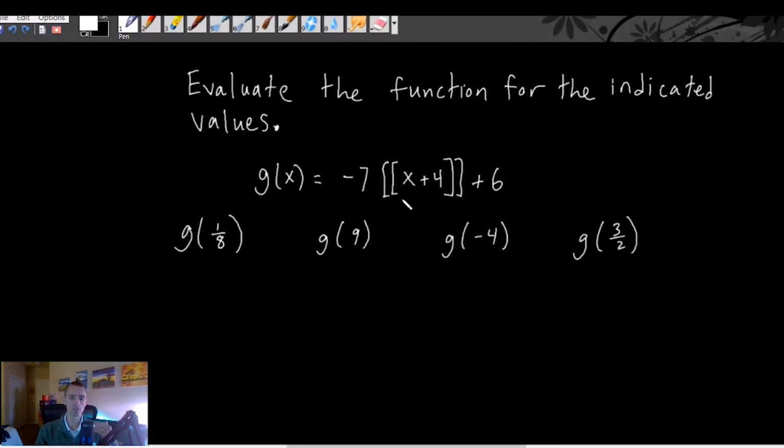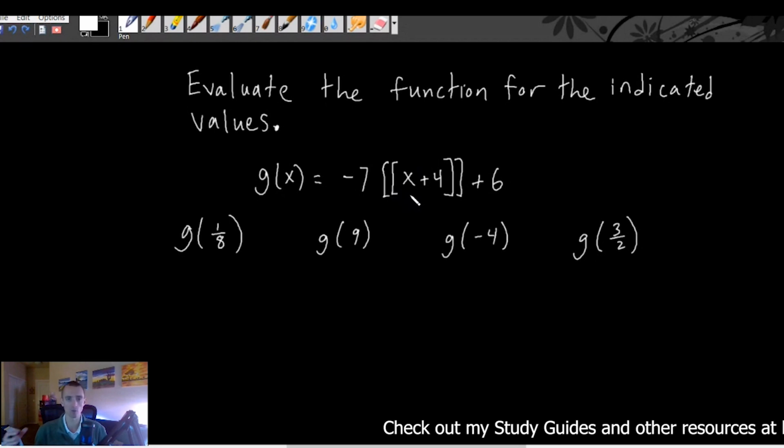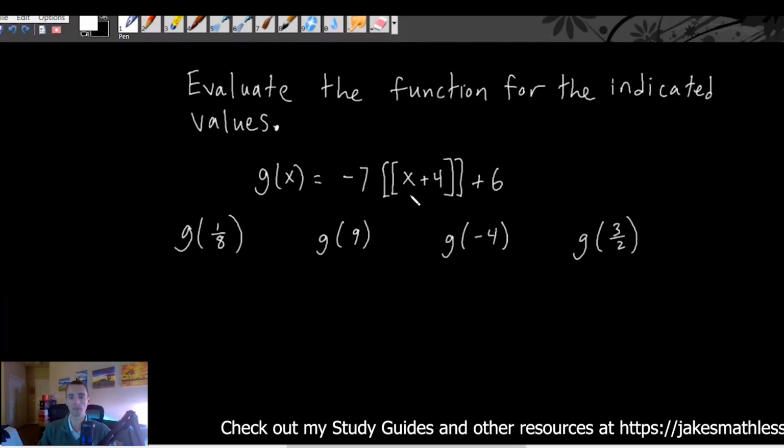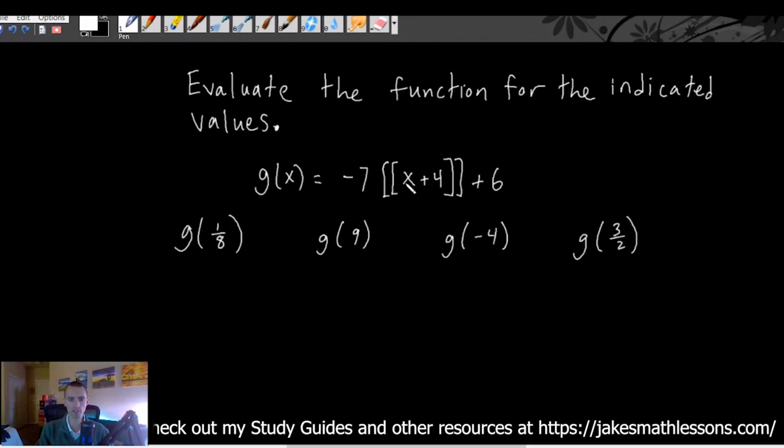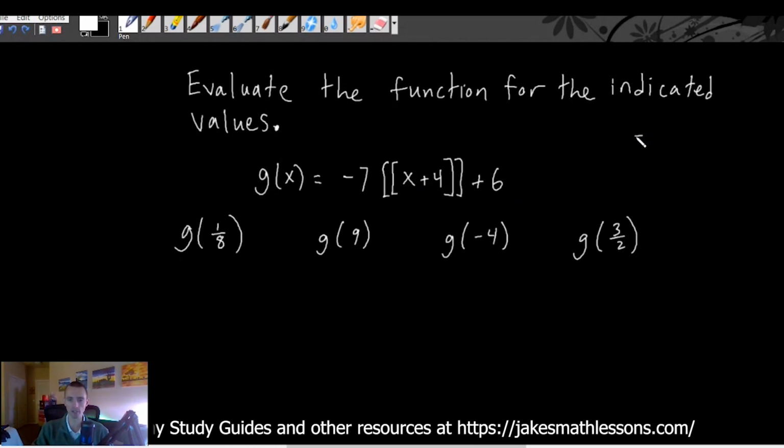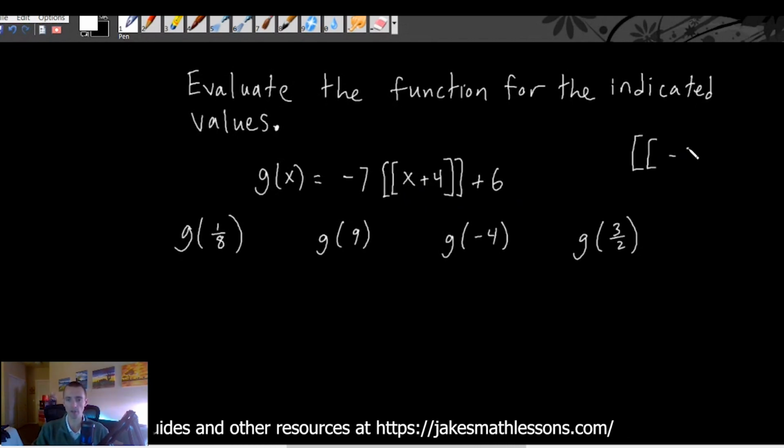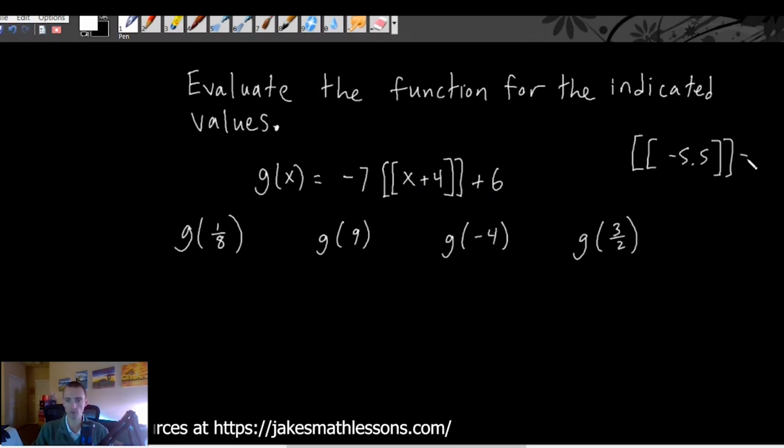You're just taking the integer that is directly beneath whatever this is. So essentially think of it as rounding down to the nearest whole number. Whenever whatever is in here is a positive number, you're just dropping whatever's after the decimal, other than the whole number integer that you have there. If this is a negative number, like let's say you're taking the step of -5.5, it's going to round down to -6.